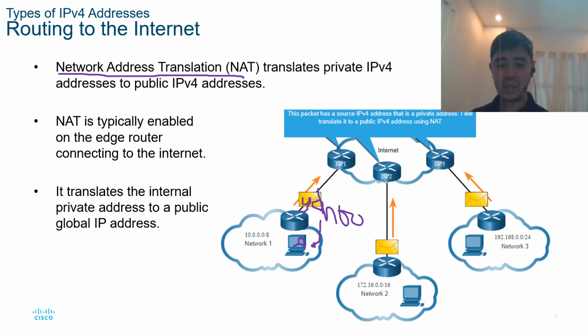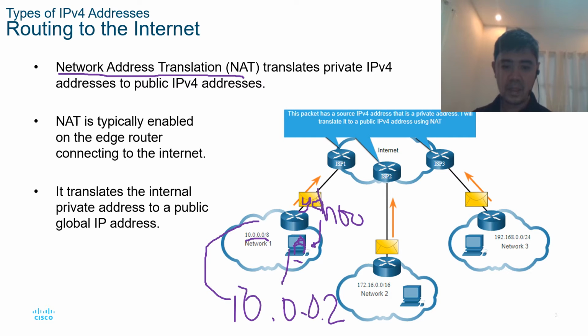So when it presses enter, the source IP of that yahoo.com request is a private IP. Say the IP address of this computer is 10.0.0.2. For example, that is its private IP. So when computer A types yahoo.com, it will be encapsulated with this private IP. When it goes into the router, what this router will do is change this private IP into a public IP.